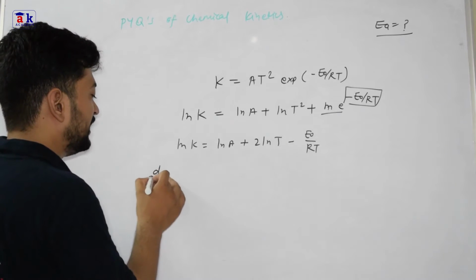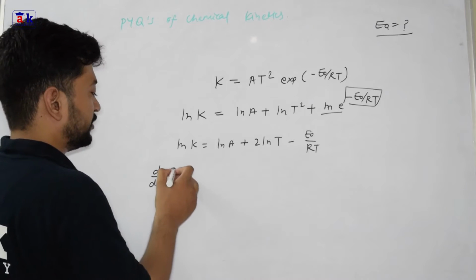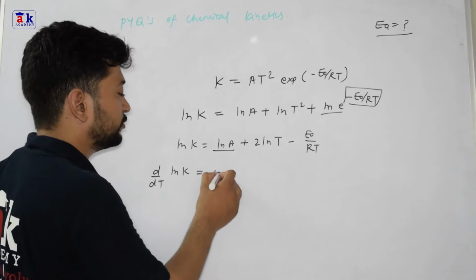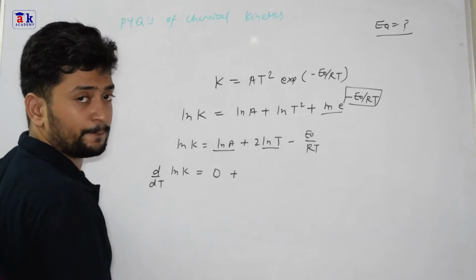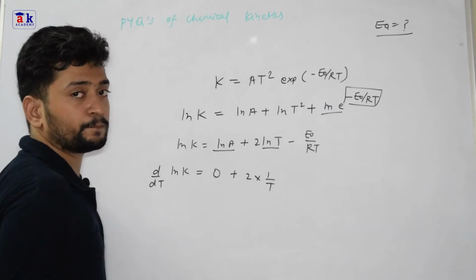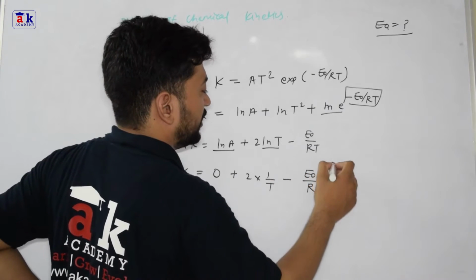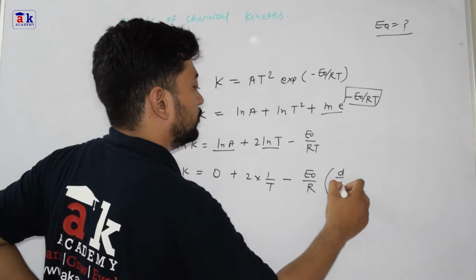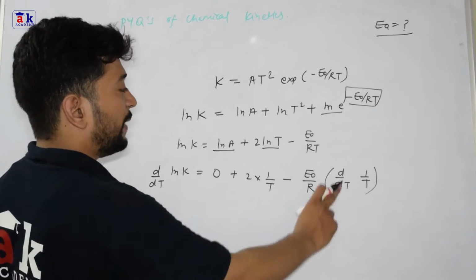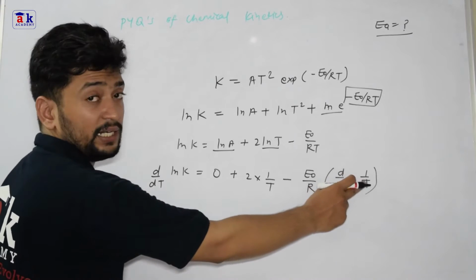Now after this, let's differentiate it with respect to temperature, d/dT. Because A is constant, this will become 0, plus, here ln T is there, so this will become 2 into 1/T, minus E₀/R times d/dT of 1/T. So d/dT of 1/T is equal to −1/T².